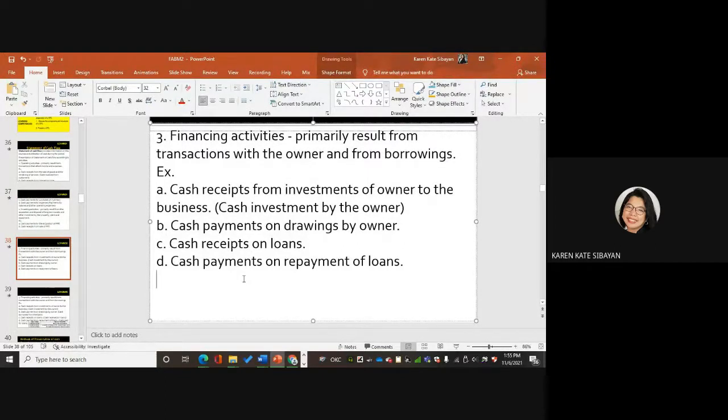These are some of the cash inflows, meaning cash coming in under financing activities. Number 1, proceeds from the issuance of equity securities, for example ordinary and preference shares, if it is a corporation. Proceeds from the issuance of bonds and notes payable.